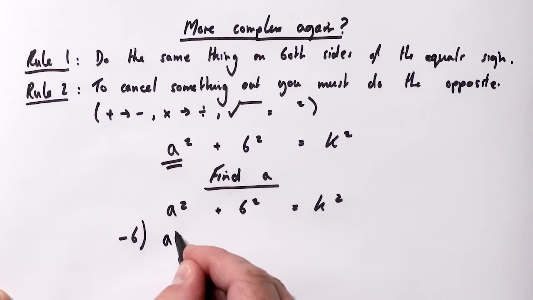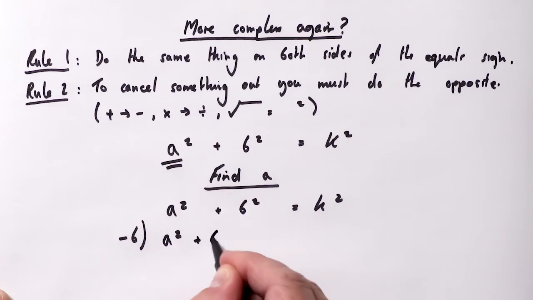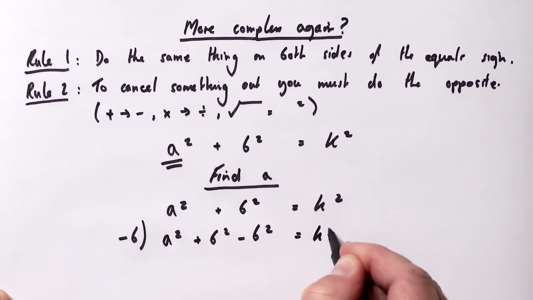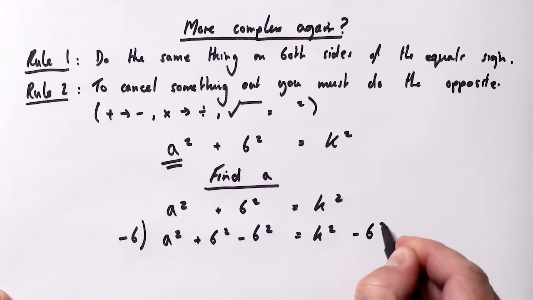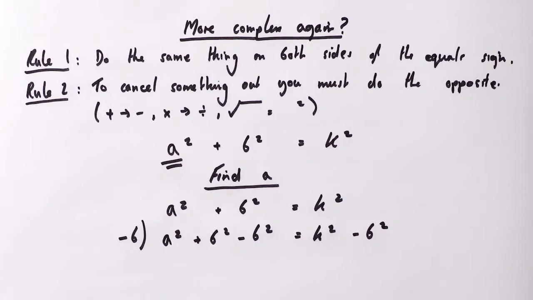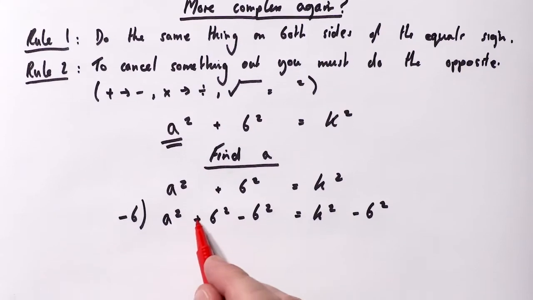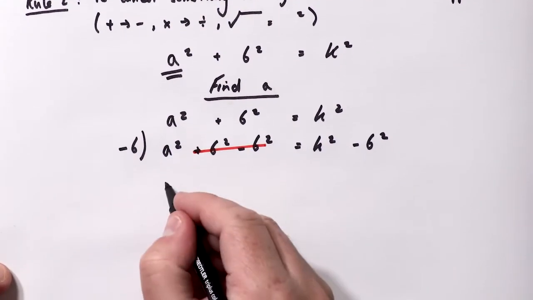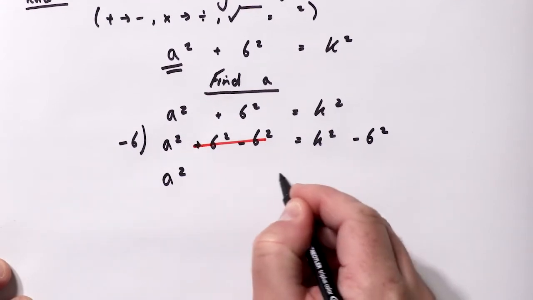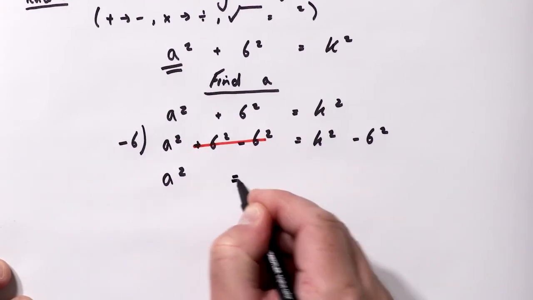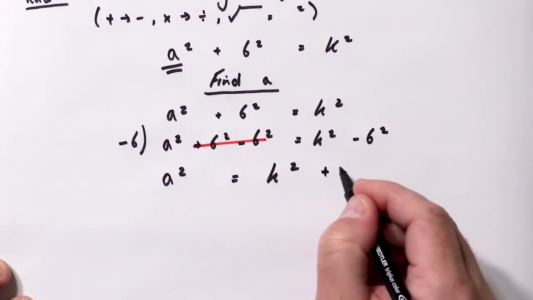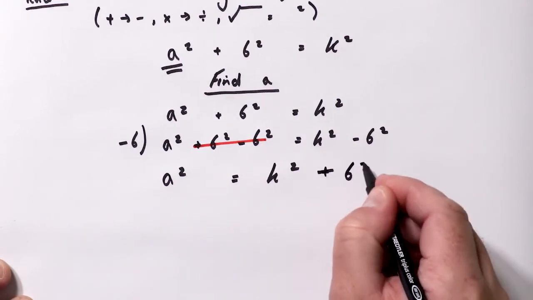So this time I have A squared plus B squared minus B squared equals K squared minus B squared. But we've already said there's no point adding something, only to remove it, so we can take that out. And that will give us A squared equals K squared minus B squared.